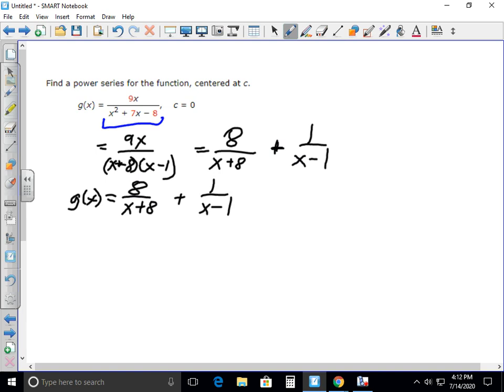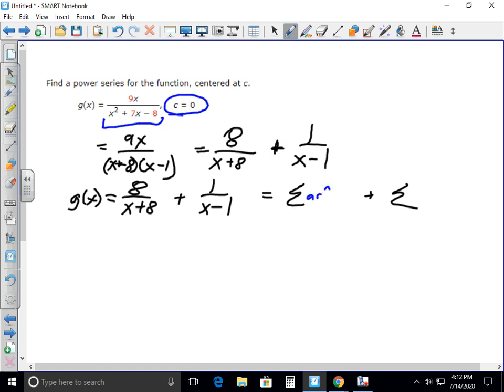So we want to find a series that's going to add up to that. What is a series that we could add up to that? Or how about two series that add up to that? One series that adds up to this plus one series that adds up to that. We want it to be centered at 0.